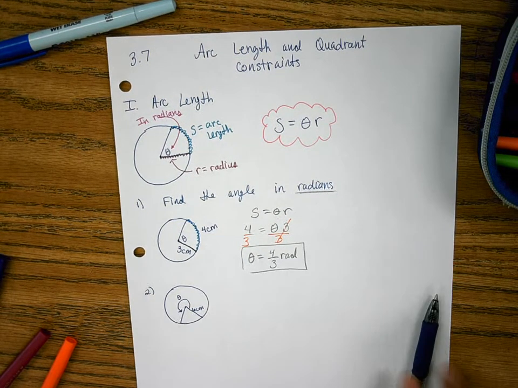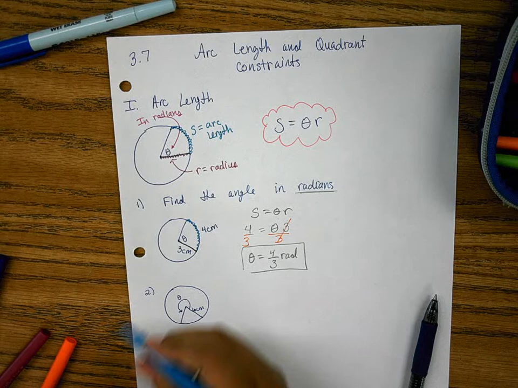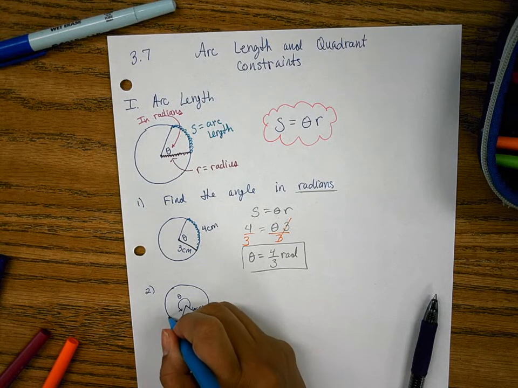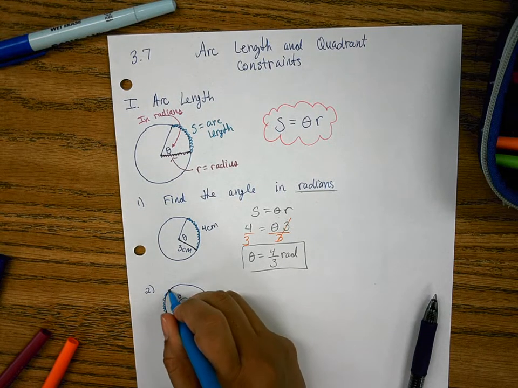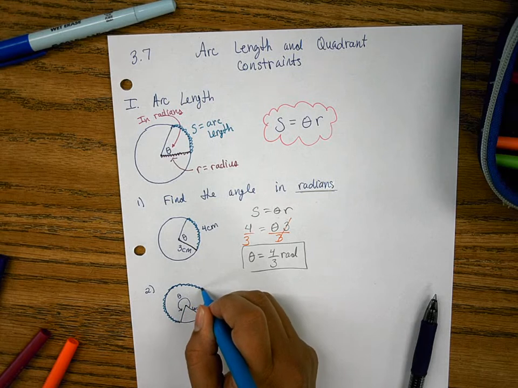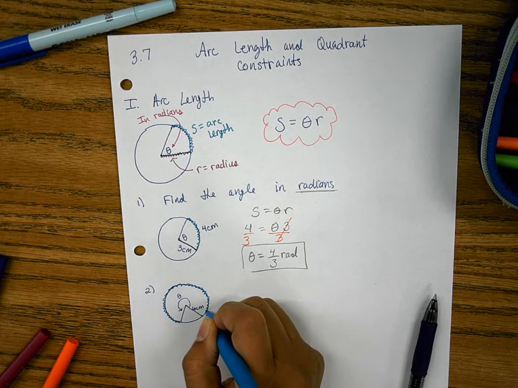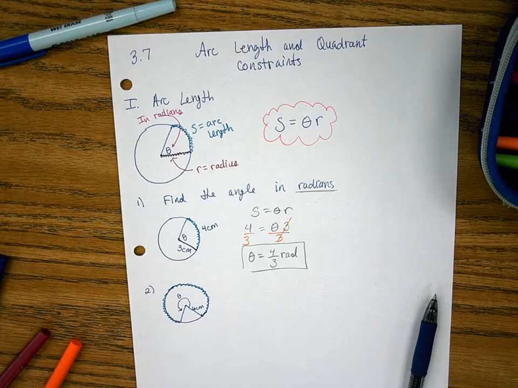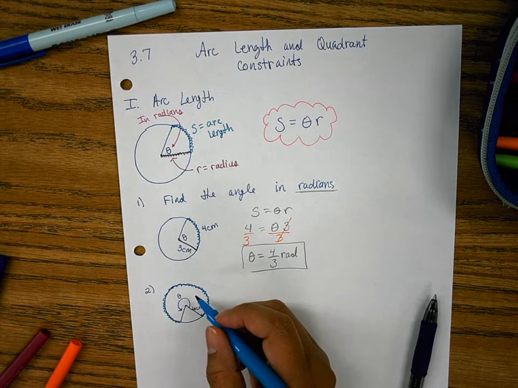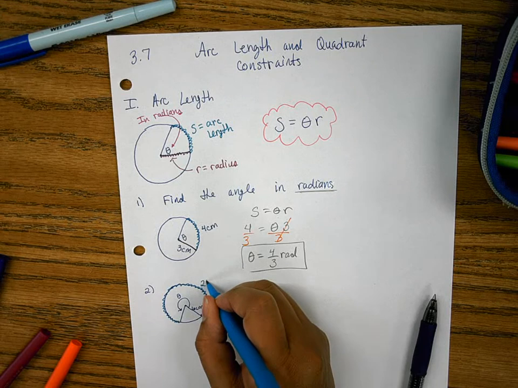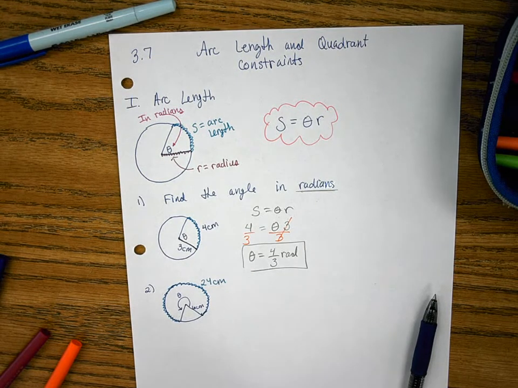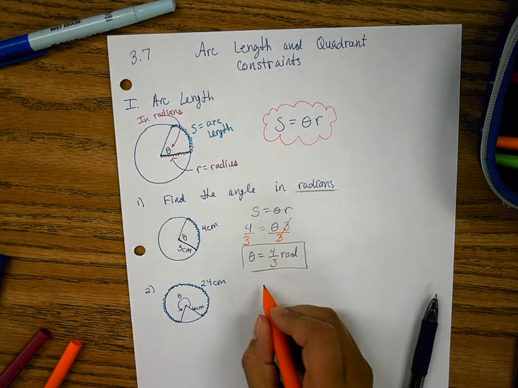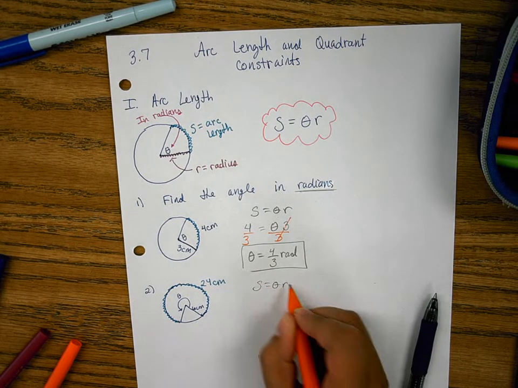The arc length is this bigger piece out here, the major arc, not the minor. That is 24 centimeters. Same formula, the SOAR formula, S equals theta times r.